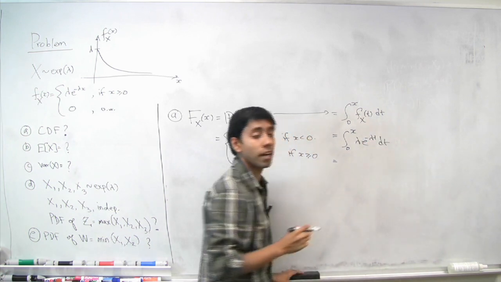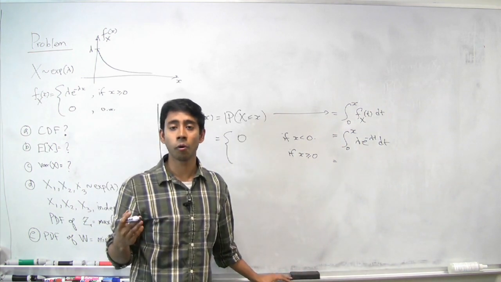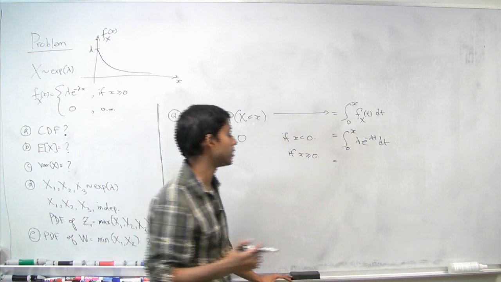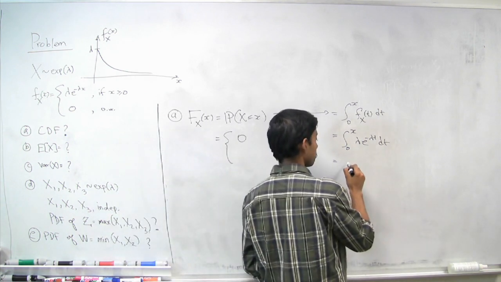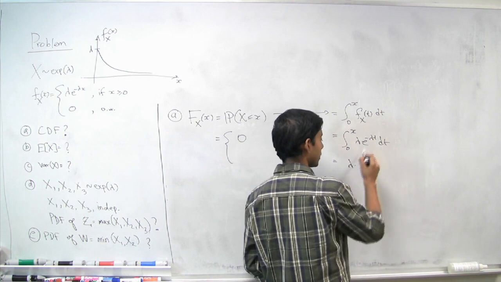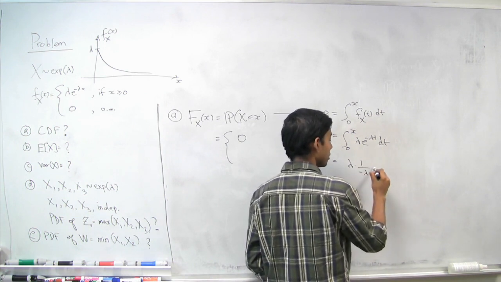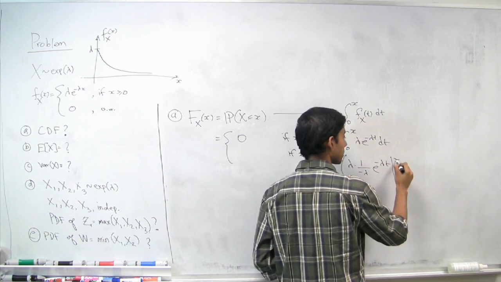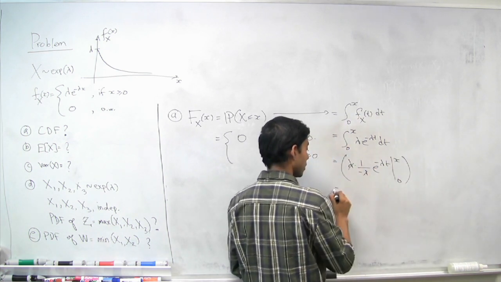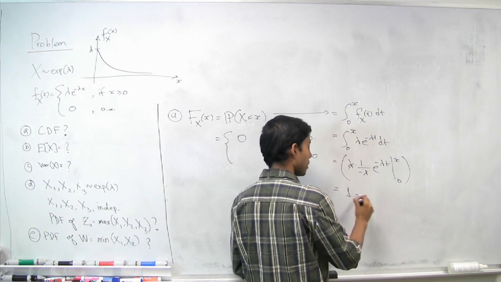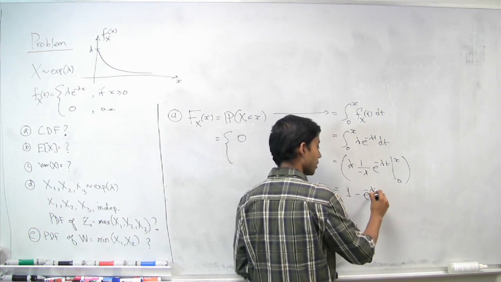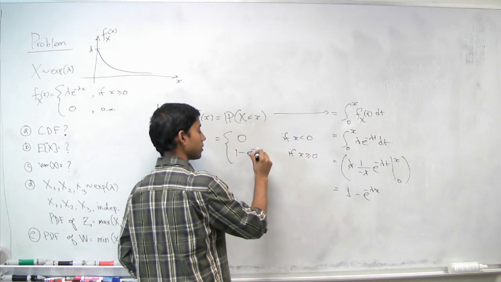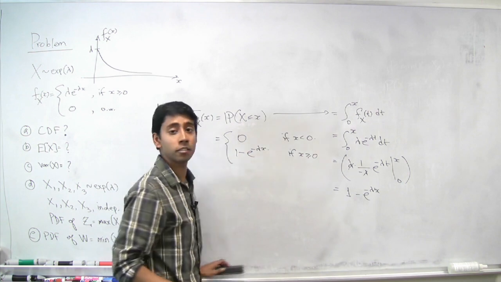Recall that the integral of e to the at is 1 over a times e to the at. Here, lambda is just a constant, and a is going to be negative lambda. So we evaluate from 0 to x. The lambdas cancel, and we get 1 minus e to the minus lambda x. And we are done with the CDF.